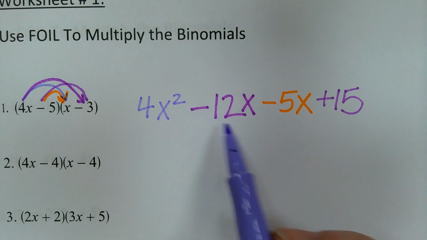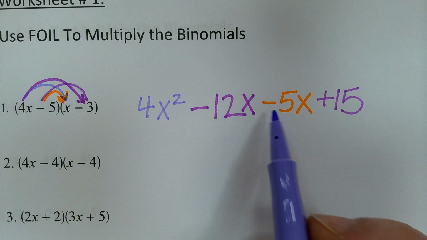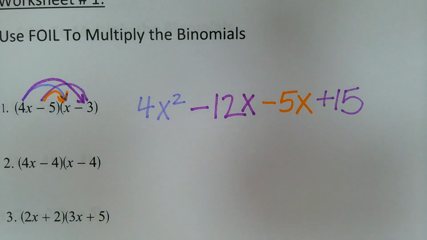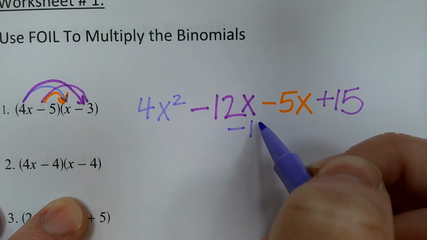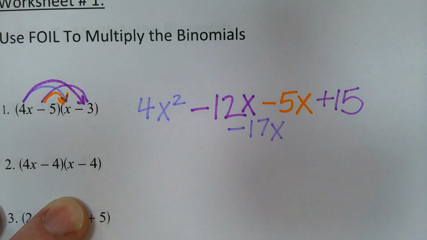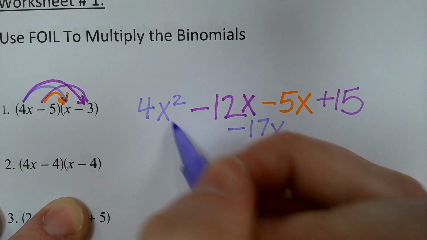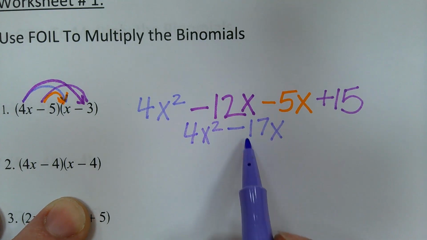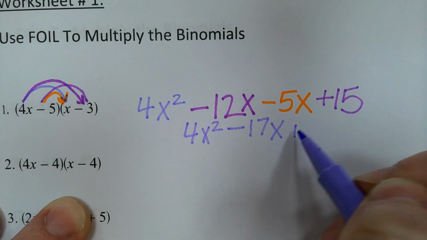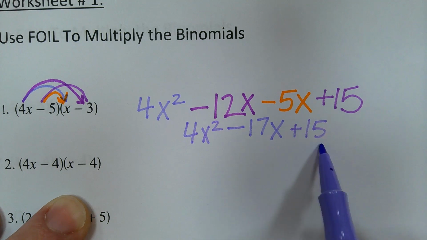What is negative 12 minus 5? Yes, negative 17x. And drop everything else down. Good job, guys. 4x squared minus 17x plus 15. And then we circle our answer.